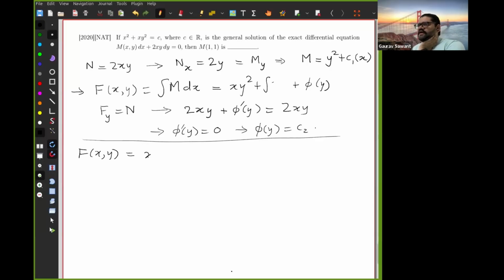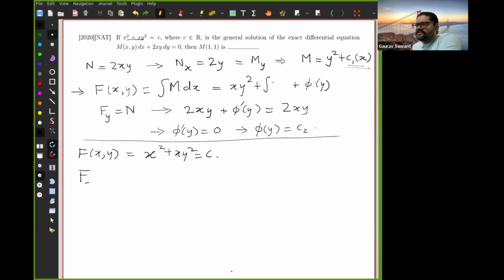let's keep that away. I have been given x square plus xy square is equal to c as the solution. So we actually need to find those constants, right? No, we don't need to find the constant. We only need to find M of 1,1. So this c1x, if this is the thing, there is actually nothing special to do.